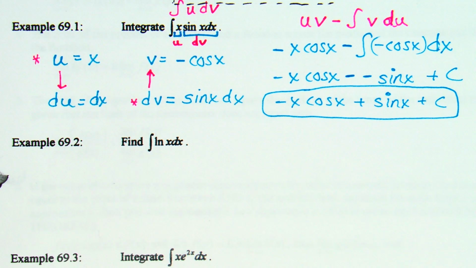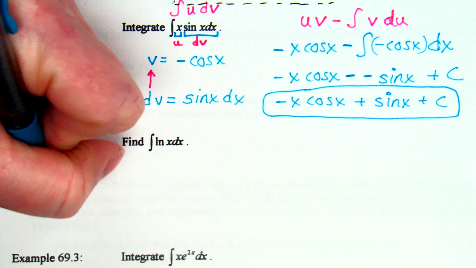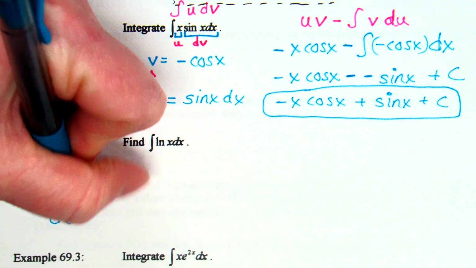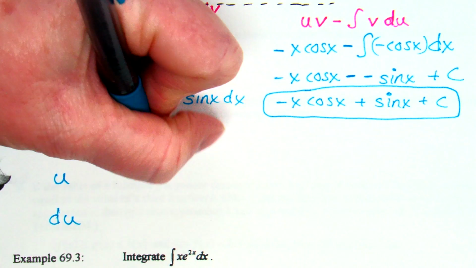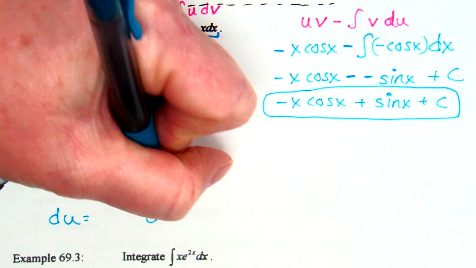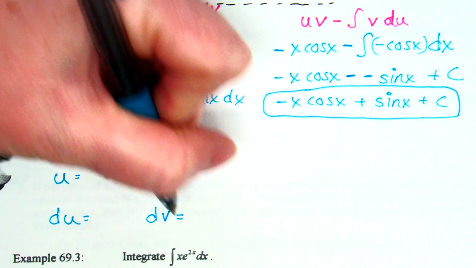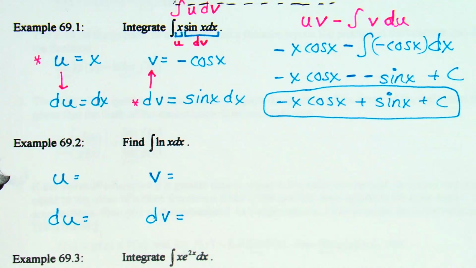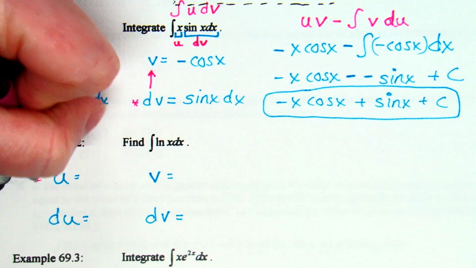So I'm going to set up my box: u and du, v and dv. And which two parts do I have to assign something to? u and dv.